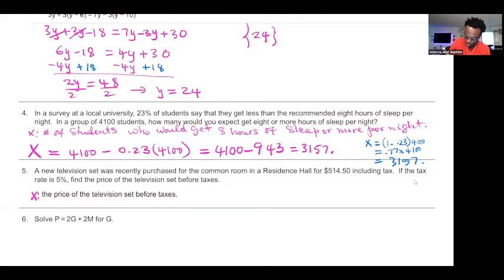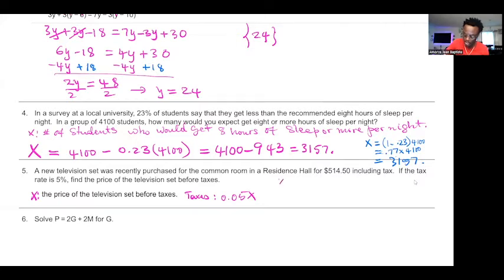So since taxes are 5% of the price of this TV, which is X, the tax would be 0.05 times the TV price. And then adding the price of the TV, X, and the tax will give you the $514.50.